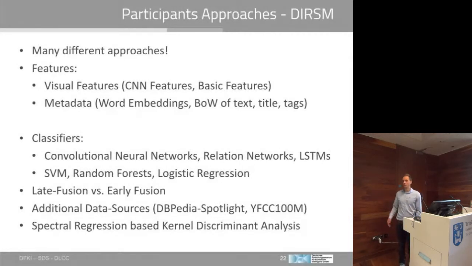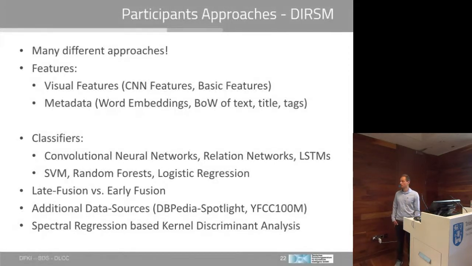The same holds for metadata information, for textual information, word embeddings, but also different kinds of metadata. For example, text and titles are sometimes misleading or too lengthy because sometimes they are copied from Wikipedia. So they confuse this retrieval task.